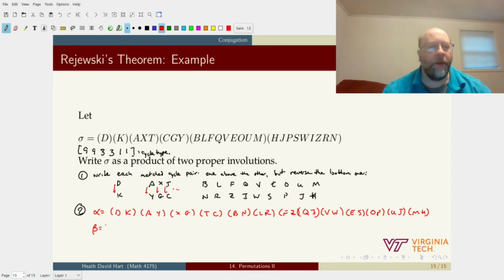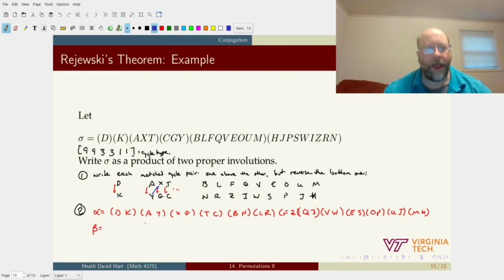And so now we'll go and do beta. Beta is a little bit trickier. And for a moment, I'm going to skip this first cycle because I want to show you what the pattern is. The pattern is going to go up and to the right.